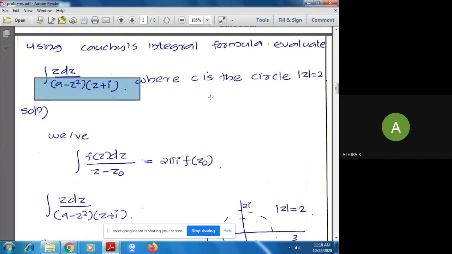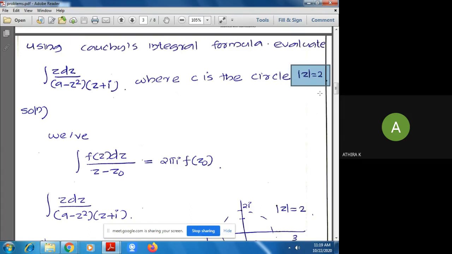Now, we check whether these singularities lie inside or outside the circle mod z is equal to 2. Which singularities lie inside the circle mod z is equal to 2? Does minus 3 lie inside the circle, or does 3 lie inside the circle?